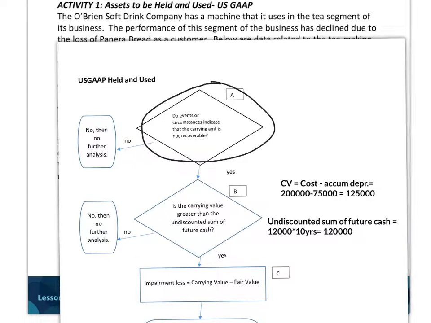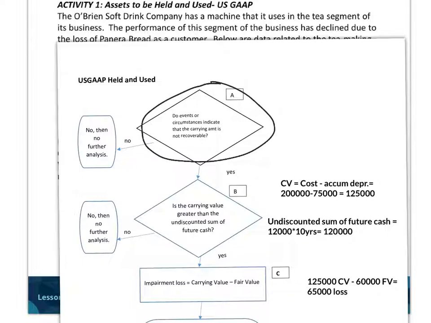The impairment loss is going to be the carrying value that we calculated of $125,000, minus the $60,000 fair value, which came from the problem. And that tells us that there's a $65,000 loss.